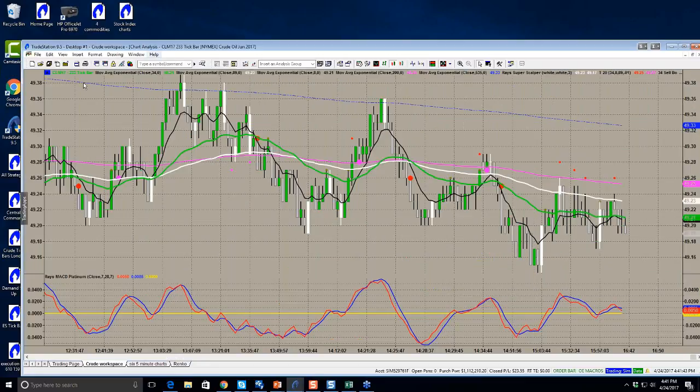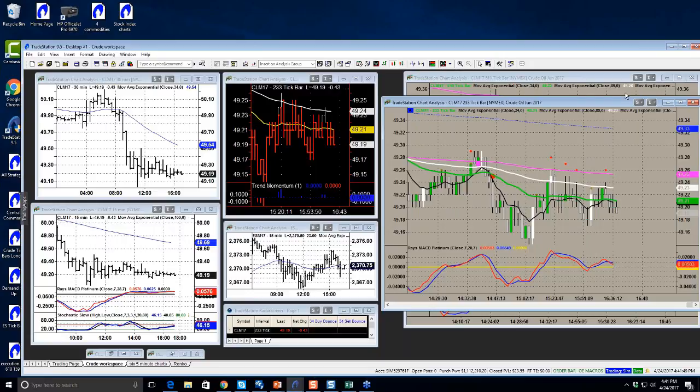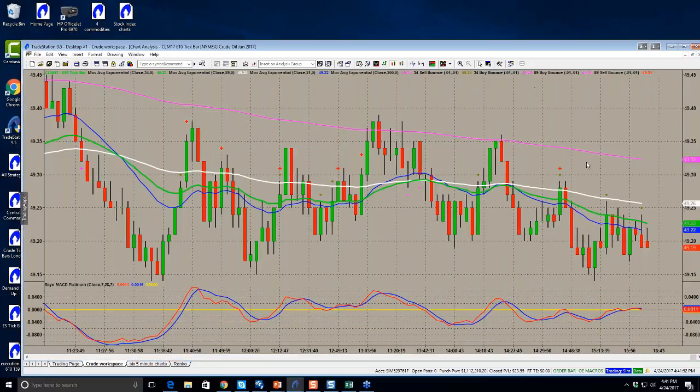In the 233 tick chart, it's 49.23. Wait a second. That's almost the exact same value as the 34 in the 610.